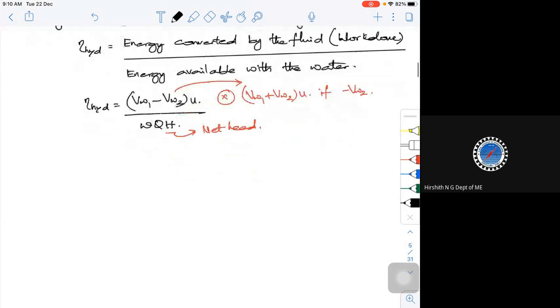Now for the same expression, suppose this is pure kinetic energy. So what is the energy available? It's pure kinetic energy. Instead of writing in terms of omega QH, we try to write the same expression as VW1 minus VW2 into U divided by V1 square by 2.